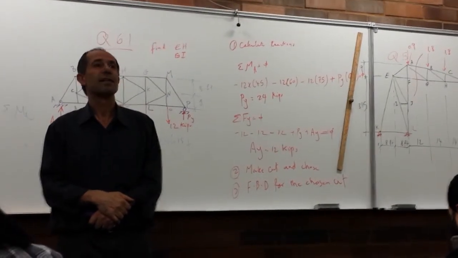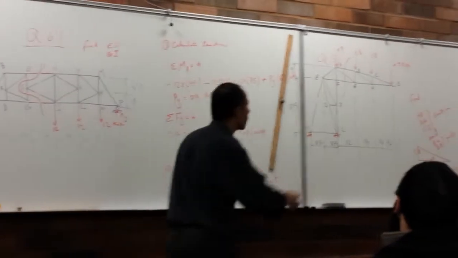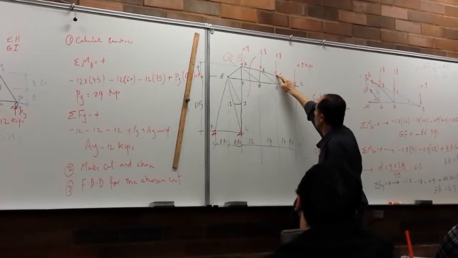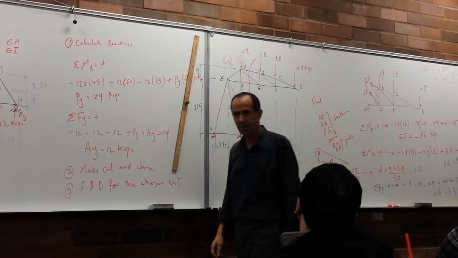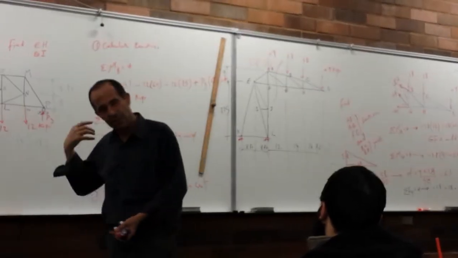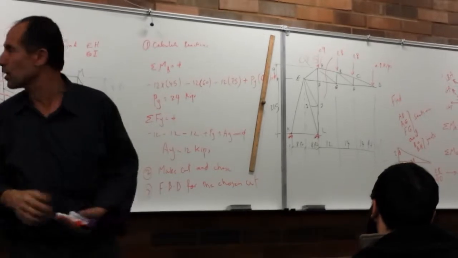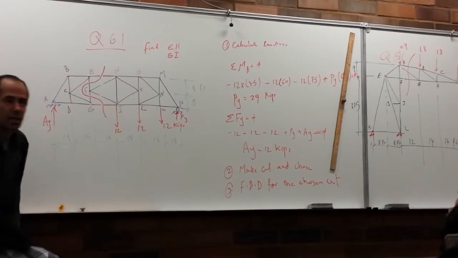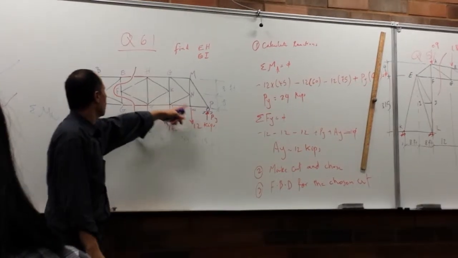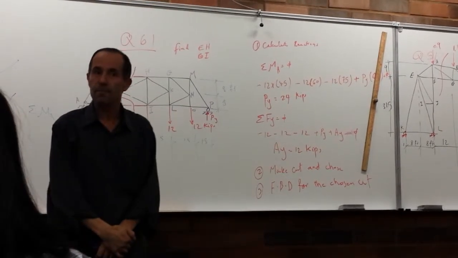Some of you will start from here, move to here, move to here, move to here to find them. This is easy, you could do it because it's short, but if it is like this and I ask you to find HG, and you start from here, you take the whole day.